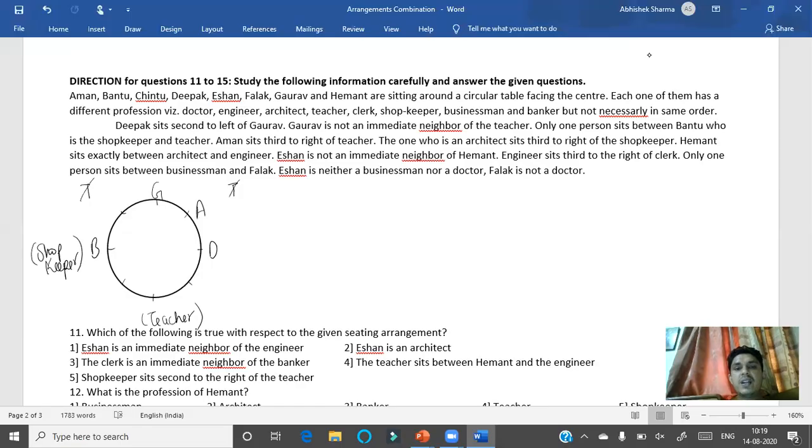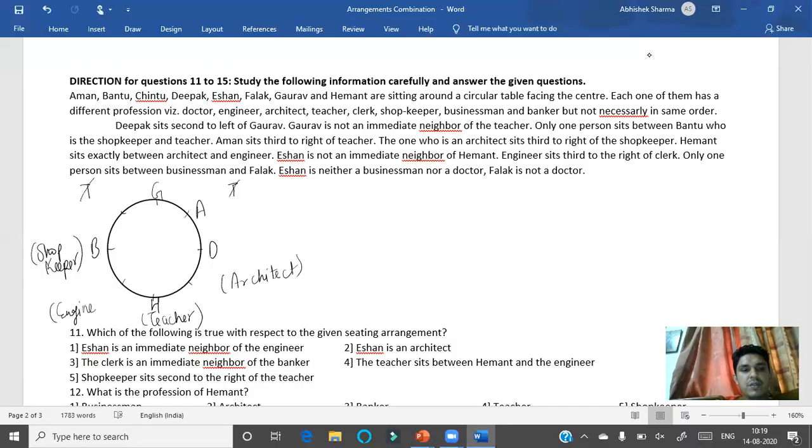Thereafter, the one who is an architect sits third to the right of the shopkeeper. So the shopkeeper is here, which means the architect must be here. Thereafter, Hemant sits exactly between the architect and the engineer. So if the architect is here, Hemant must be here and the engineer must be here.